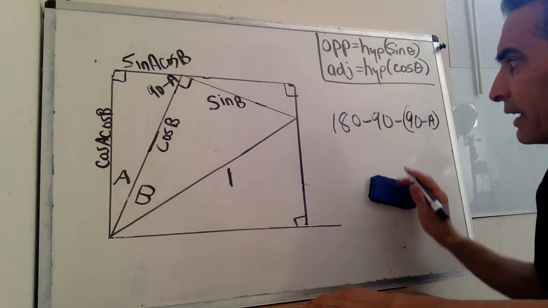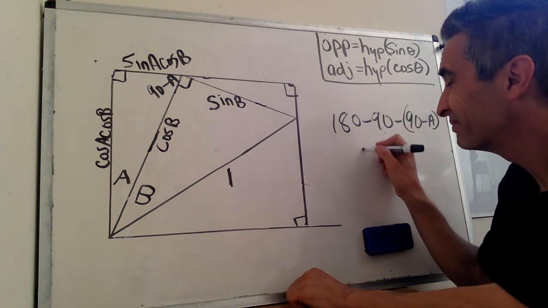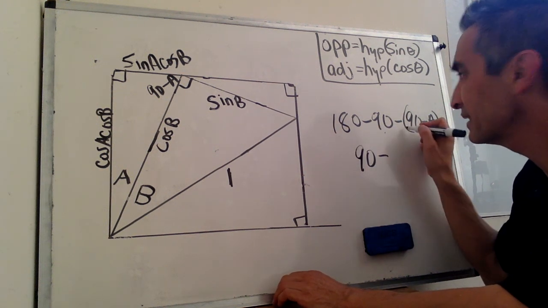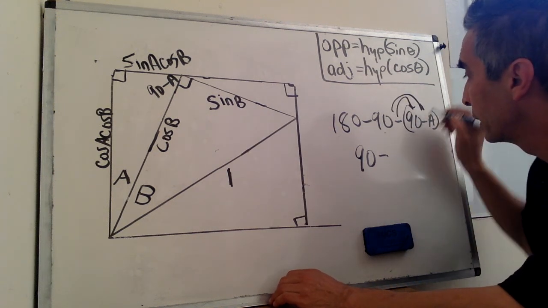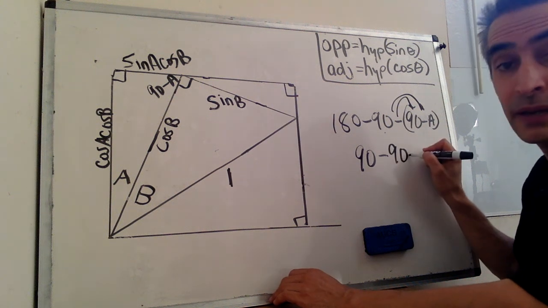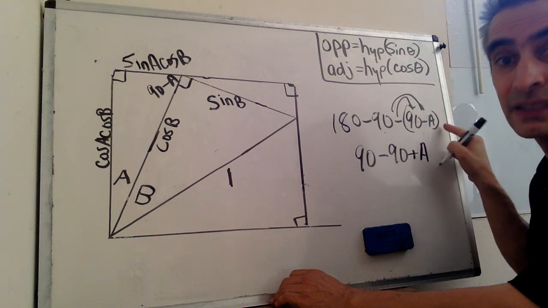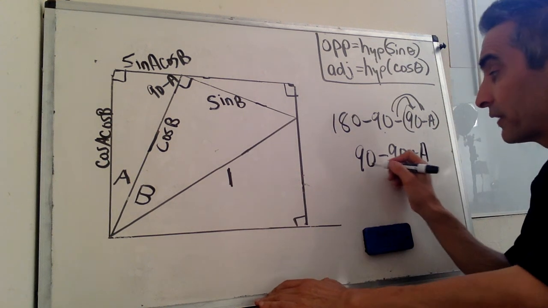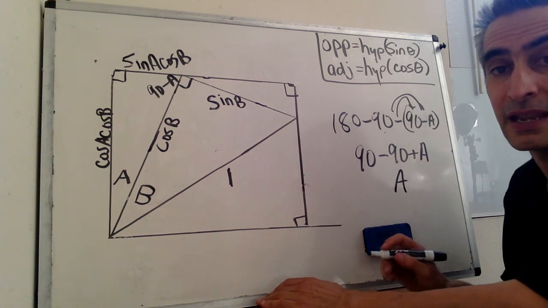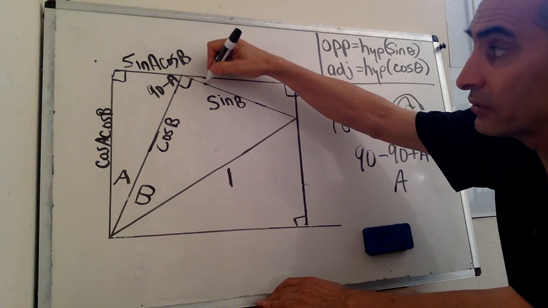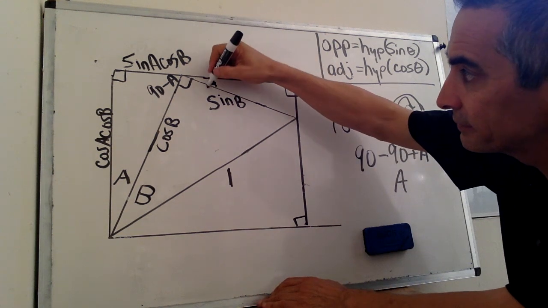And then we just simplify. 180 minus 90 is going to be 90. And then minus, we distribute our minus here. So we get minus 90 and plus A, because minus times a minus is going to be a positive A. And then we simplify. 90 minus 90 is going to be 0. 0 plus A is going to be A. So this angle right here is angle A.